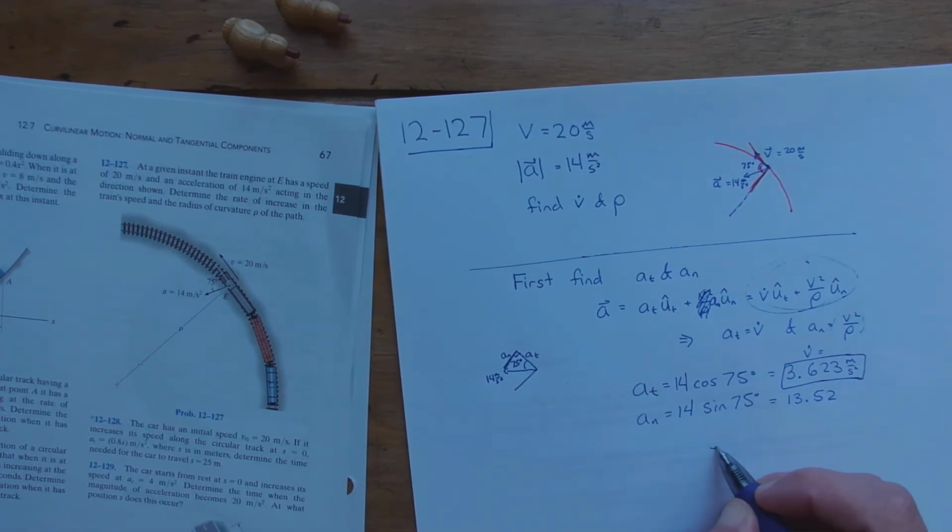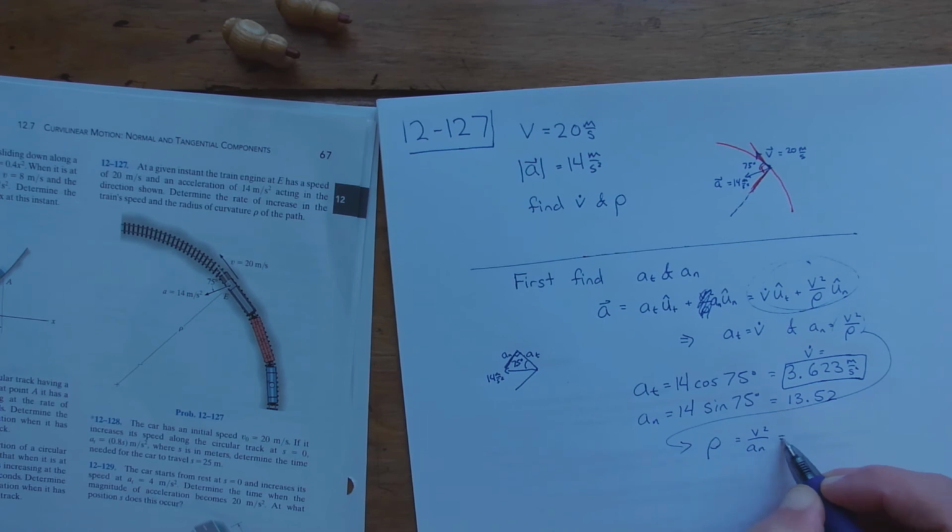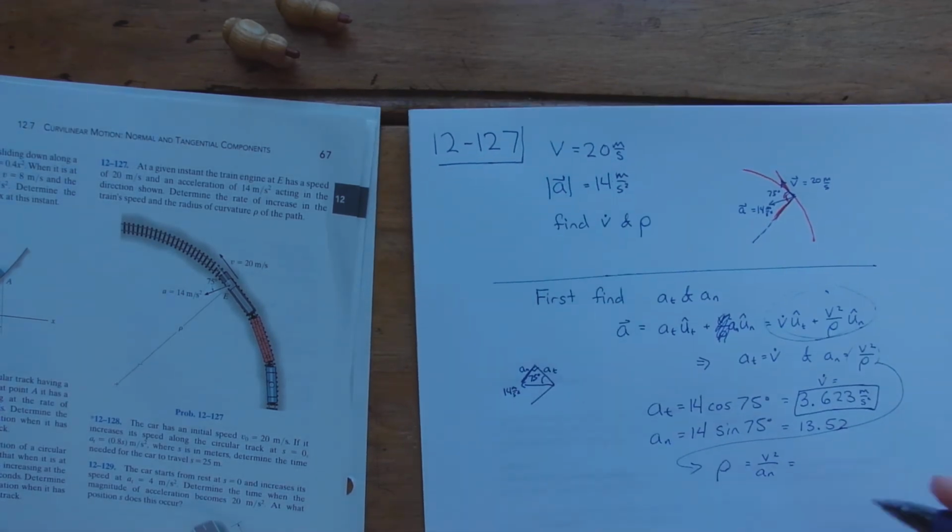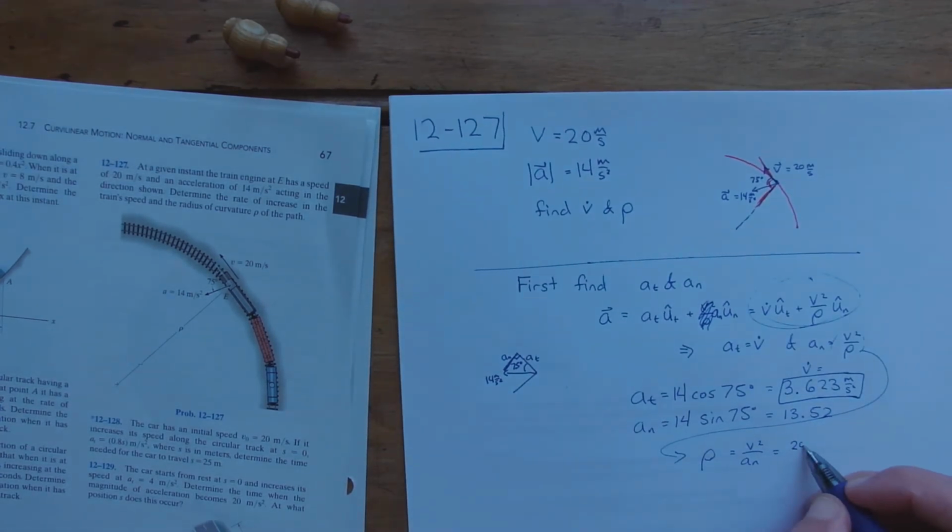So let's take that and solve it for rho. Rho is equal to v squared divided by the normal component. At this instant in time, v is equal to 20. So this is 20 squared divided by 13.52, which is 29.59. It has units of length, so that would make that meters.